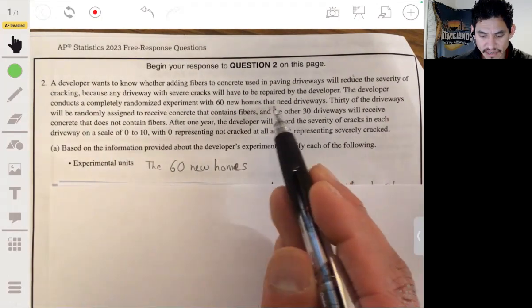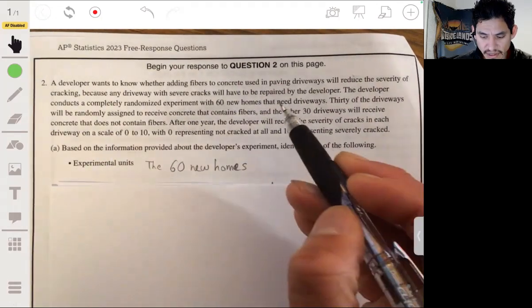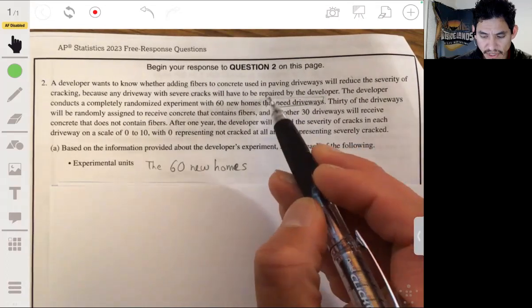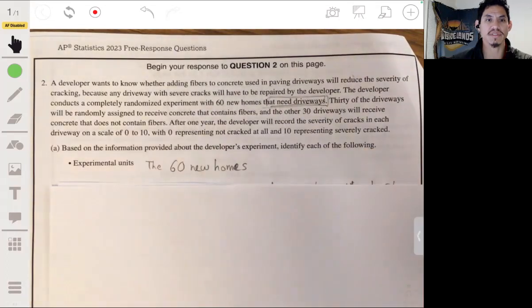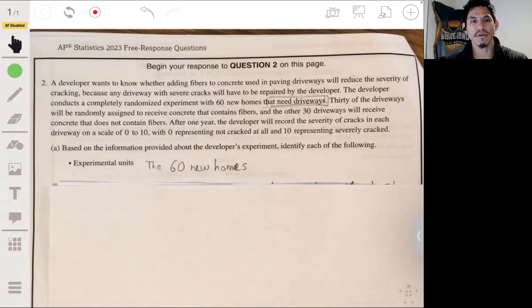See how it says that need driveways? So there aren't even 60 driveways to begin with. So these can't be the experimental units just because of that. Also, you're selecting the homes. The homes are what you're selecting, and each home is then going to receive that treatment.